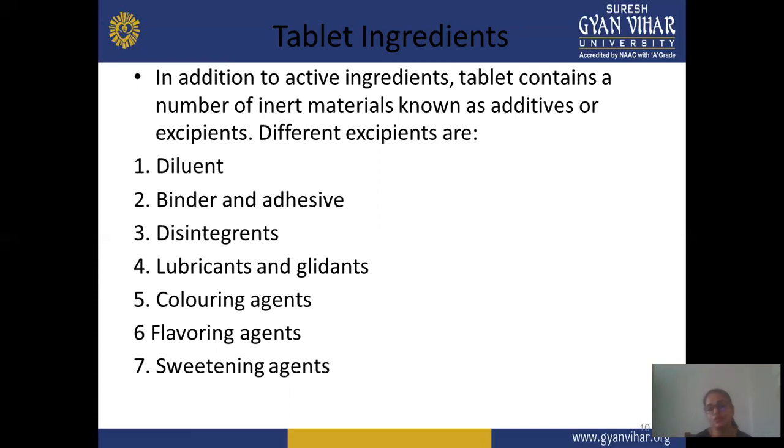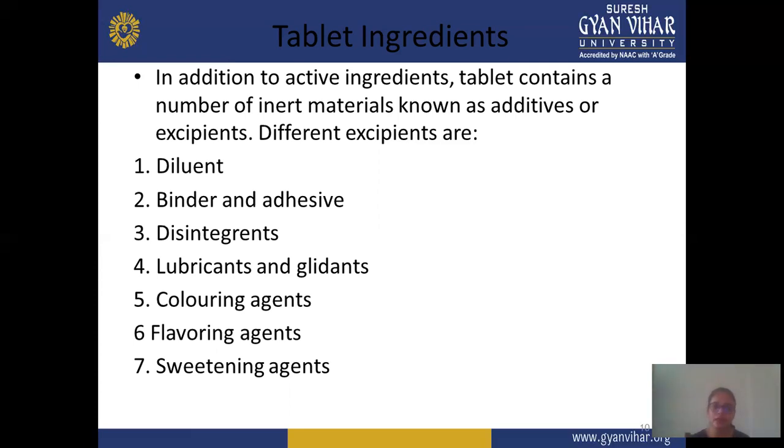Certain excipients used for tablet manufacturing are mainly diluent, binder, and adhesive. Diluent is mainly to maintain sufficient weight. The drug may not have sufficient weight to compress easily. In this condition, you add diluent to make up that particular weight.